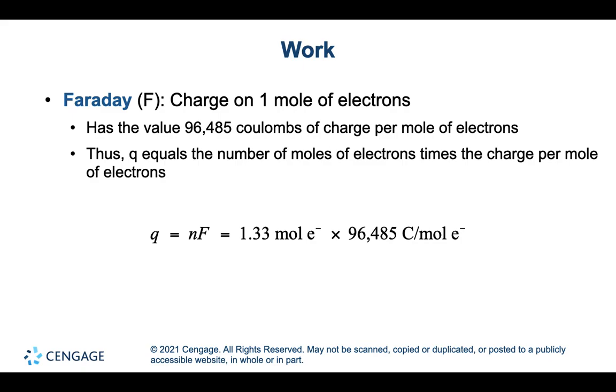Because remember, volts is joules per coulomb. Now this number, 96,485, shows up in a lot of calculations, enough that it actually has a name. Just like 6.02 times 10 to the 23rd is called a mole, 96,485 coulombs is called a Faraday.